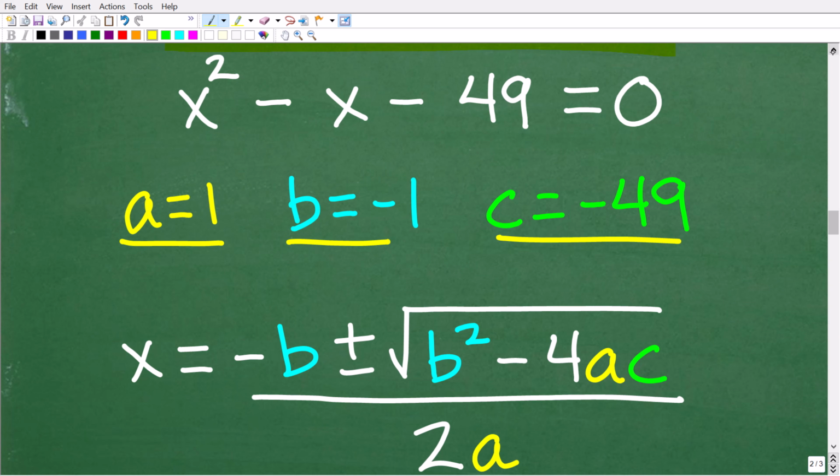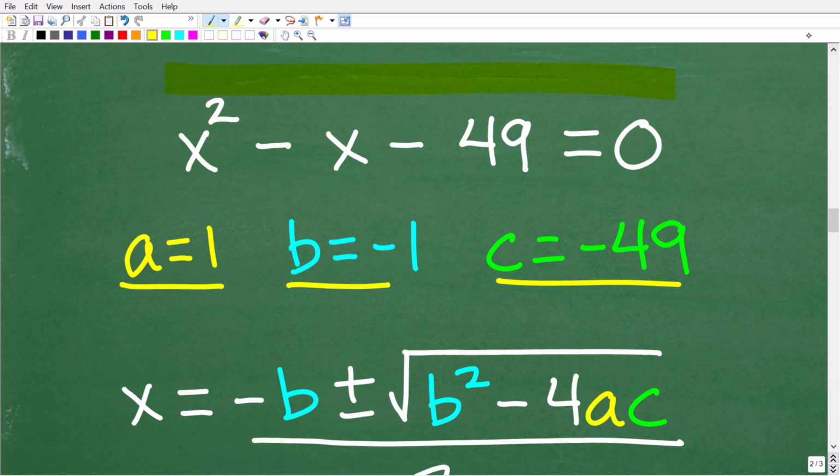But remember, anytime you can't factor a quadratic trinomial to solve for the solutions here, you can always use the quadratic equation. So the coefficient in front of this x squared is 1, so that is a. And the coefficient in front of this x right here is a negative 1. So b is equal to negative 1.